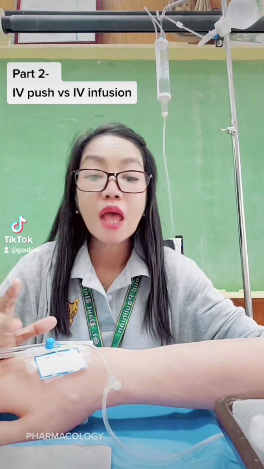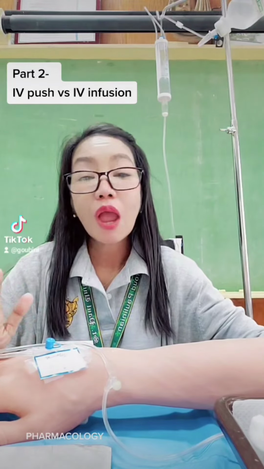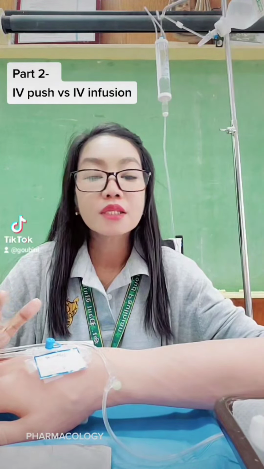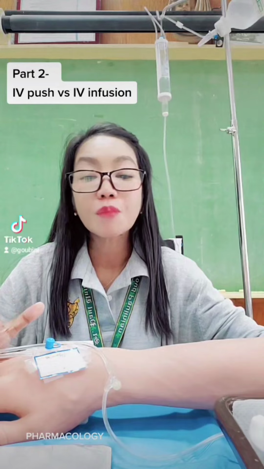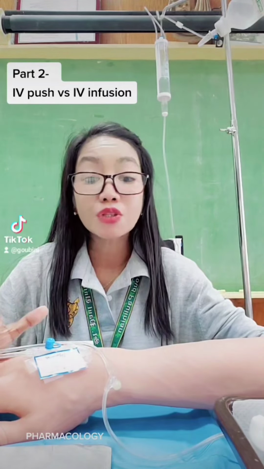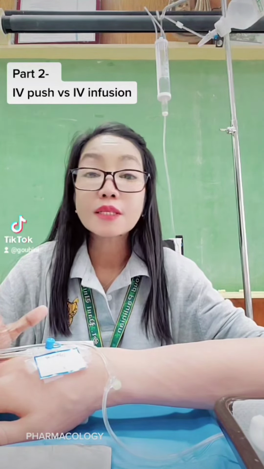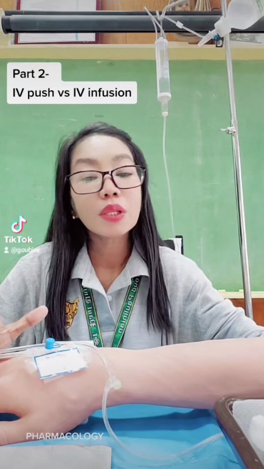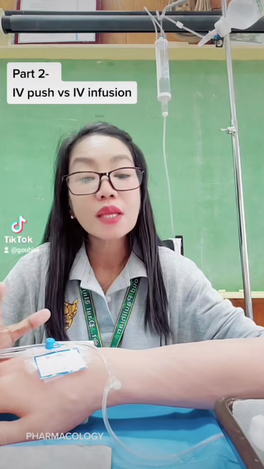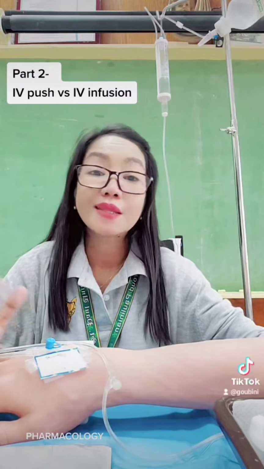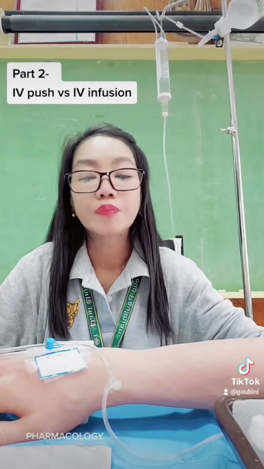Next is the IV infusion. Your IV infusion is controlled administration of medication into the bloodstream over time. For this demo, we will administer the medication into the catheter by gravity in the absence of a pump.